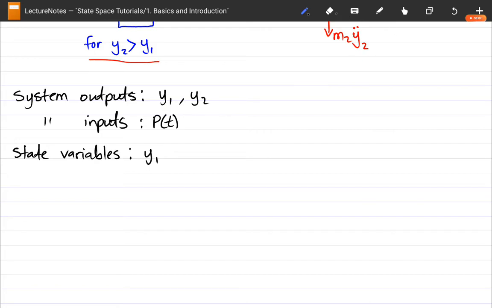So let x1 equal y1, and x2 equals y1 dot. Okay, I'm going to give some space, and x3 equals y2. I should have put 2 there, sorry. And then x4 equals y2 dot.